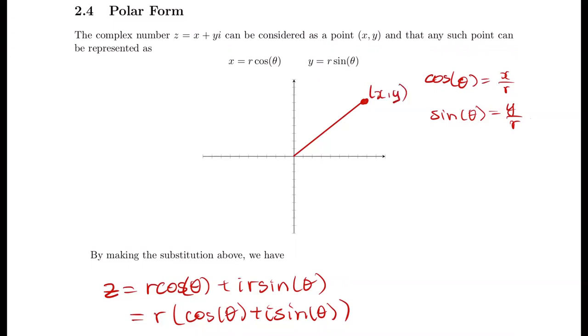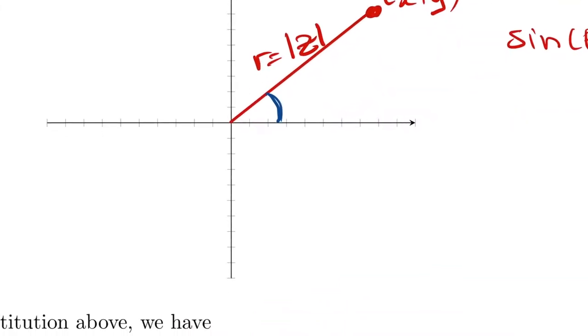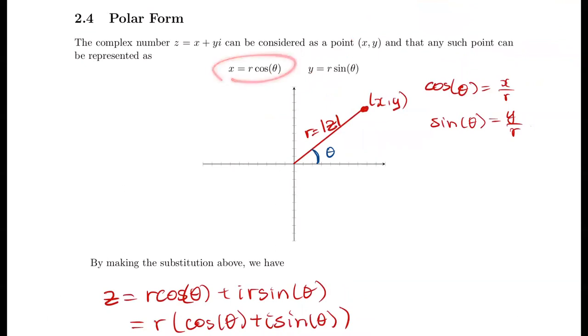Now, to change a complex number to this form, we need a couple of things. The first thing is the modulus of z, which is also going to be your r here. The other thing we need to know is the angle between the horizontal and the arm, or the modulus of z. So this is the angle that we need to know, which is going to be given by theta. That's how we use polar coordinates to change this.